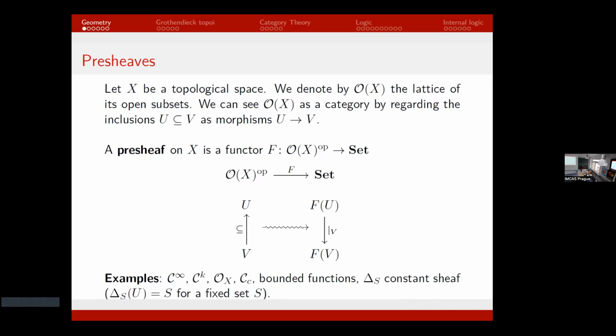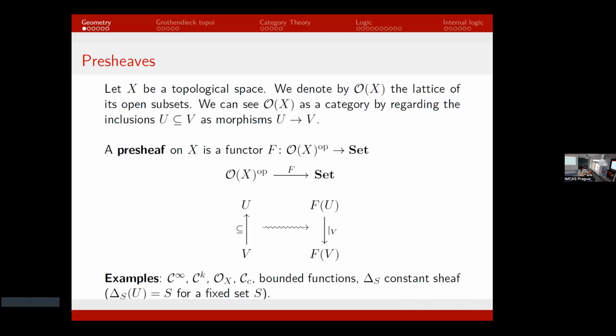Examples are like the sheaf of smooth functions. For instance, if we take a smooth manifold, and to every open subset we associate the algebra of smooth functions from U to R, then this will form a sheaf with the standard restriction. Same happens for C^k, same happens in algebraic geometry with the structure sheaf associated to a scheme, and also the presheaf of continuous functions with compact support is a presheaf, but as we'll see, not a sheaf in general.